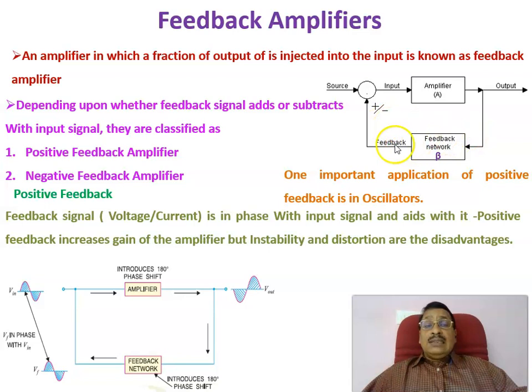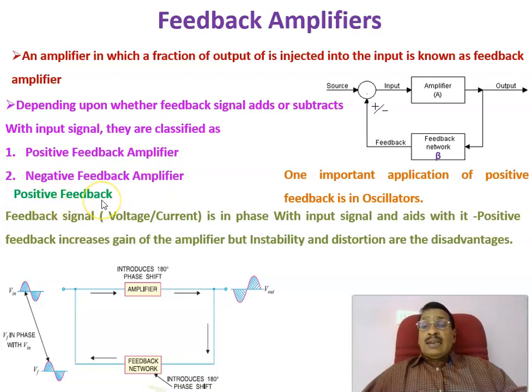If the feedback signal is added to the input signal, we call it positive feedback. Instead, if the feedback signal is subtracted from the input signal, then we call it negative feedback. Depending upon whether the feedback signal adds or subtracts with the input signal, they are classified as positive feedback amplifiers and negative feedback amplifiers.